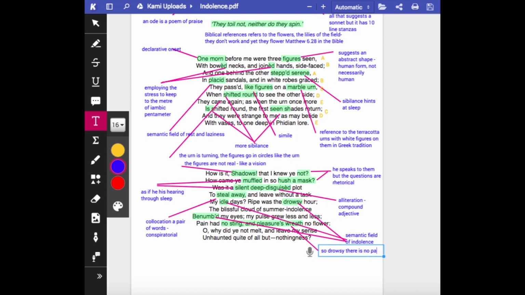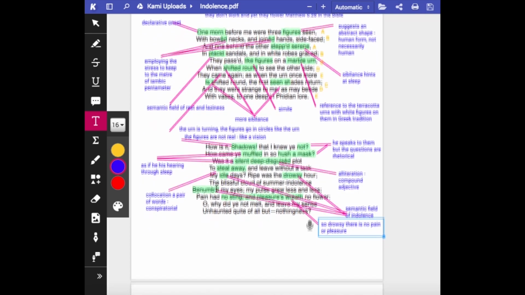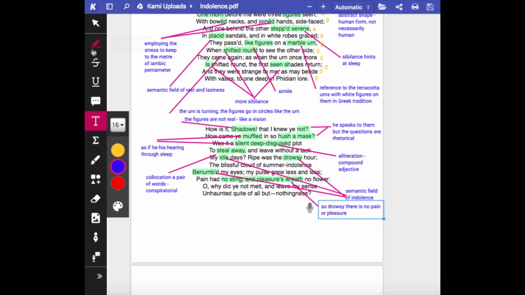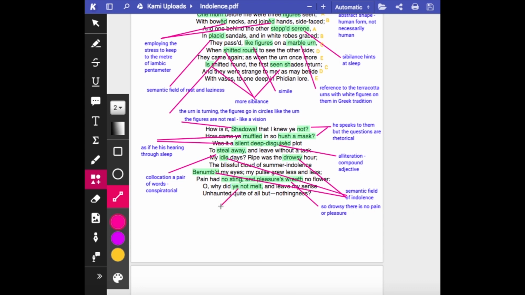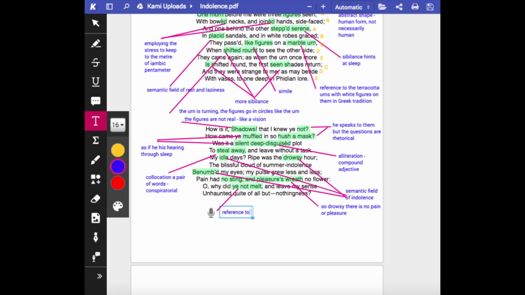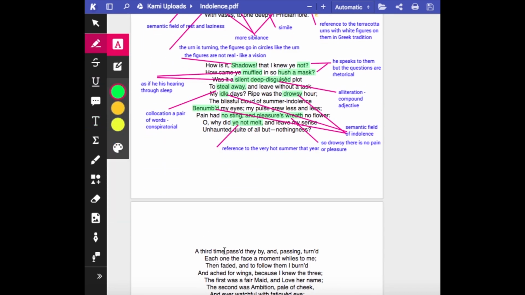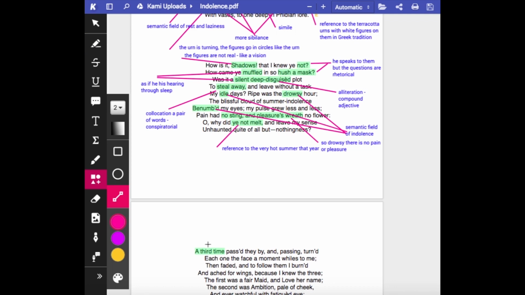And that's an indication really that he's so drowsy and so sleepy, he's anaesthetised, so that neither pleasure nor pain has much effect on him. And then we do get a reference to that very hot summer. "Oh, why did ye not melt and leave my sense unhaunted quite of all but nothingness?" So there is a sense in which he is suggesting it's so hot that these visions could just melt away.